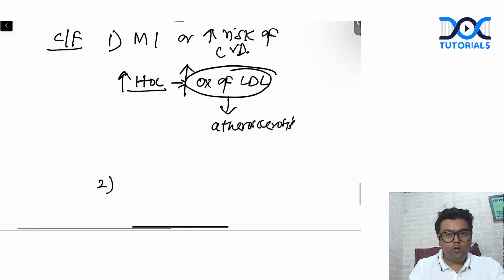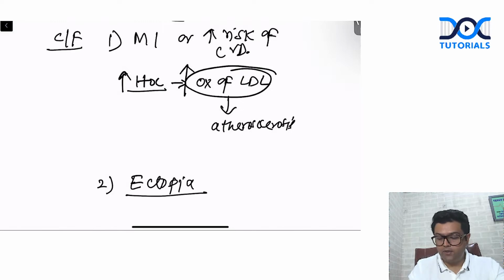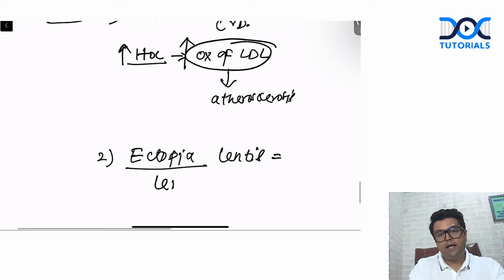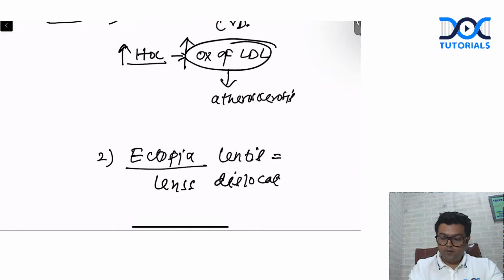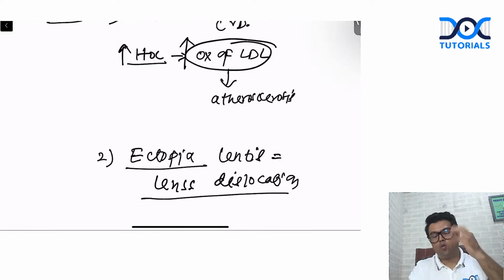And the second point that you should write in this question is ectopia lentis. If you find this word difficult, just read it two or three times. Ectopia lentis simply means lens of the eye, right? So lens dislocation. Generally it is downward, inferonasal.